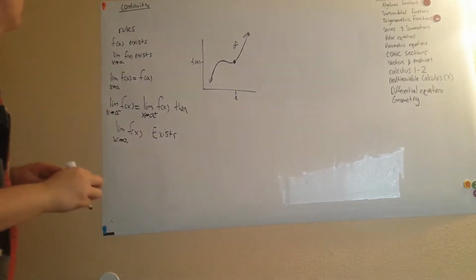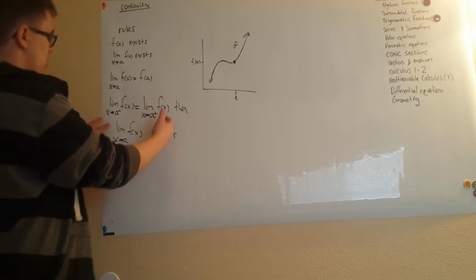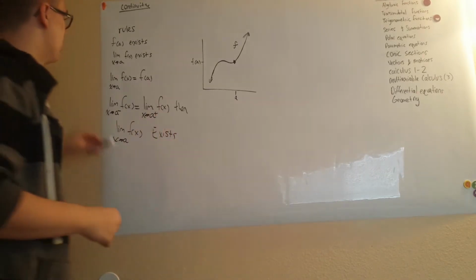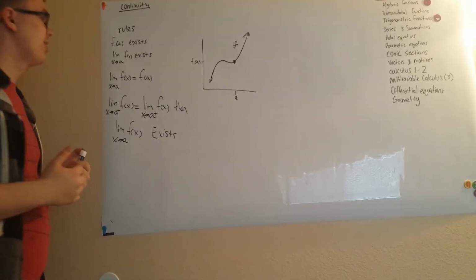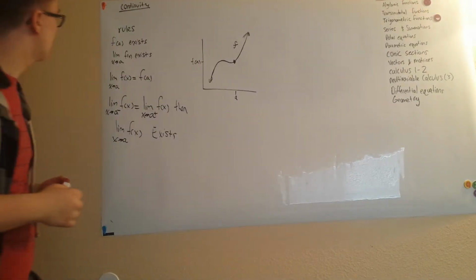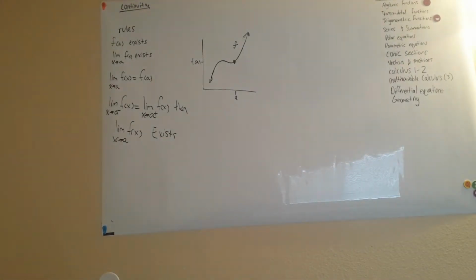That is the definition of a function whose limit exists. If you're coming from the left and the right and they both equal the same value, then the limit exists. These are the guidelines.